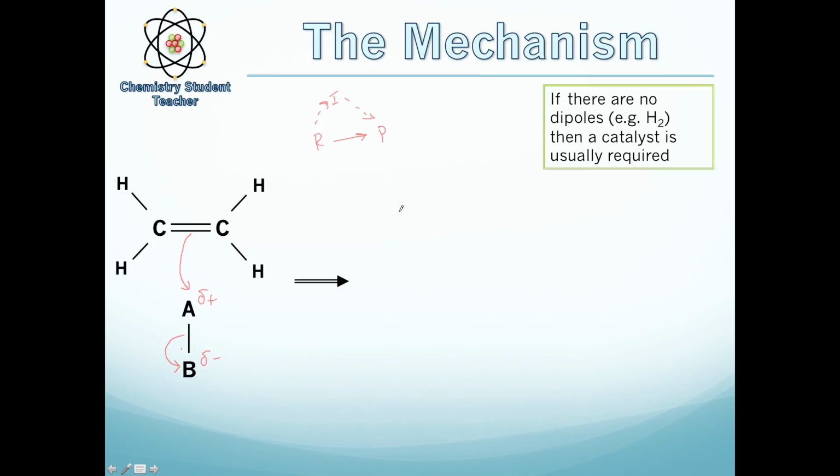So the first intermediate in this is a carbon-carbon single bond, as that double bond just broke. You've still got your hydrogens, they haven't gone anywhere. But now you've added A in. Now in this case, because it's a symmetrical molecule, A is going to go onto this side, or it could go to the other side because it's symmetrical.